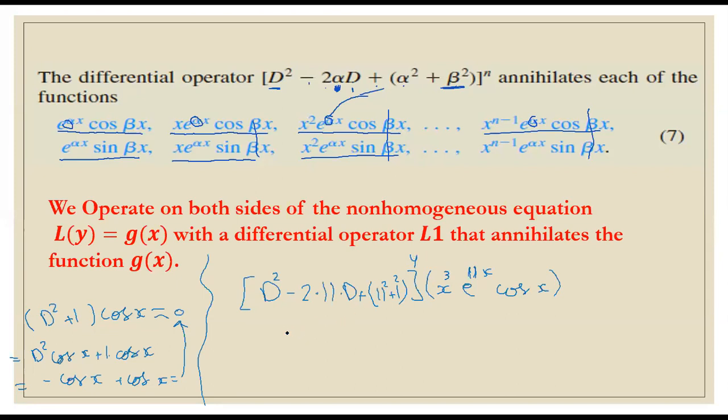So this one, d squared minus 22d plus 122, all to the power 4, will make the function e to the 11x cosine x be 0. So I call this the annihilator for this function. Is it clear?